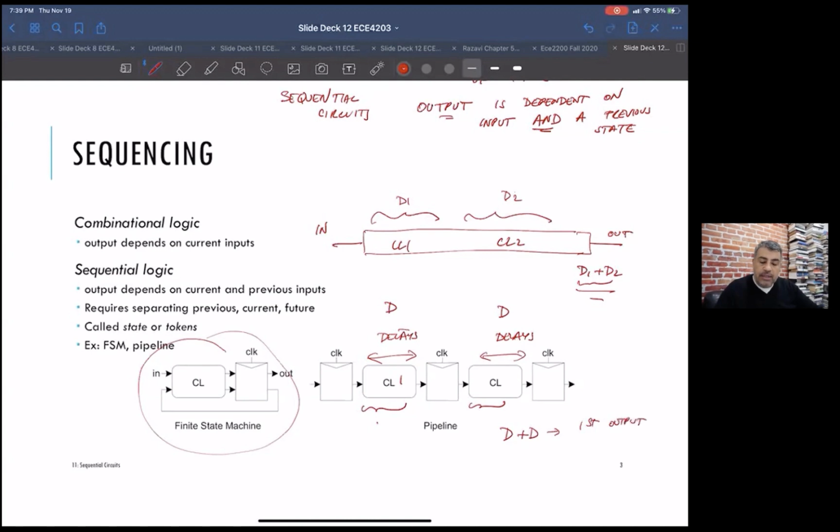After that, as you keep filling your pipeline, you get a new value every D time. So basically you can get faster, you get more throughput, but you have to fill the pipeline. Okay, so that's my view of a pipeline.